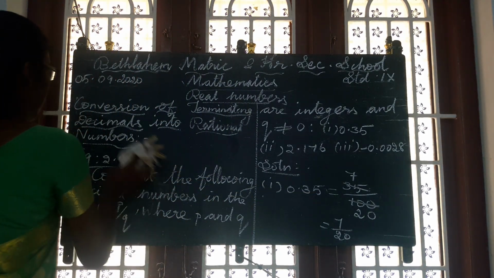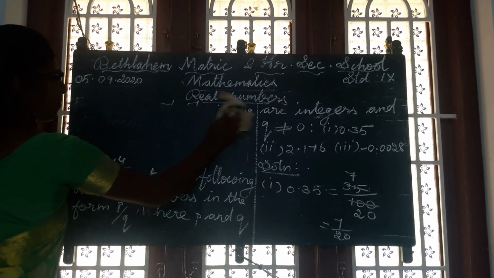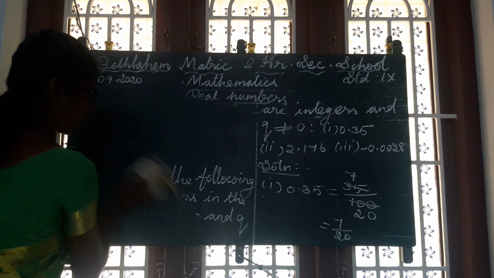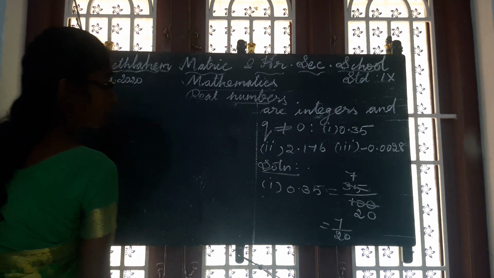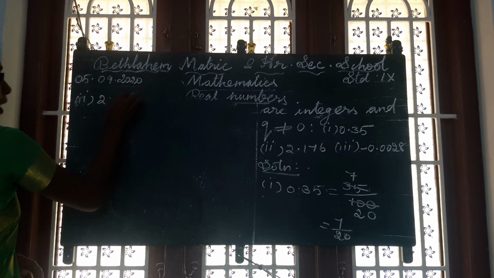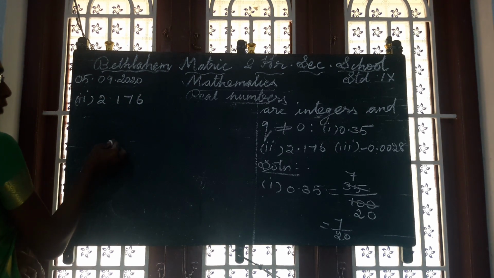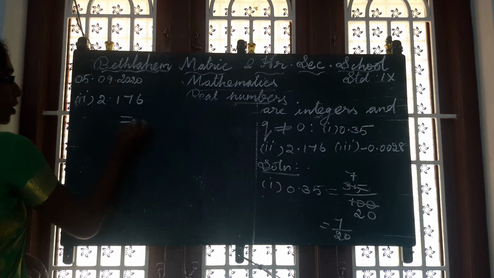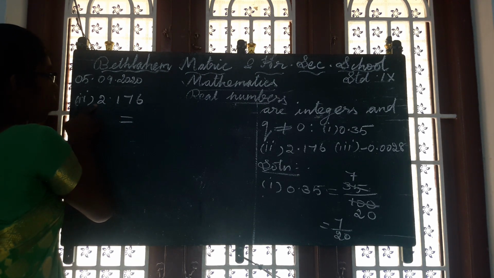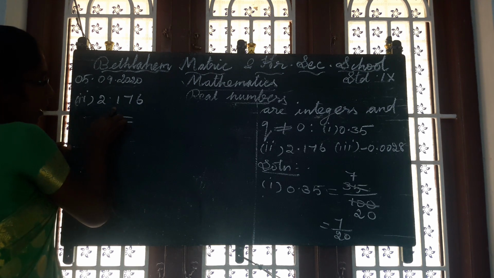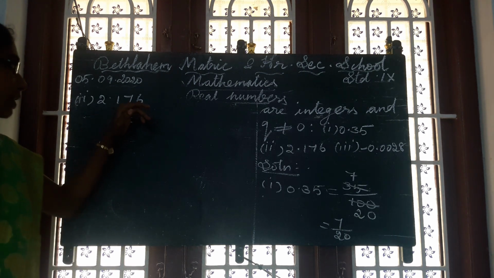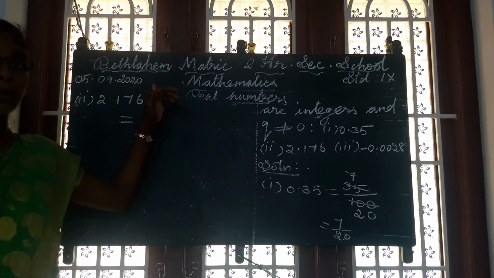Then the second problem, 2.176. Here read this: ones only there. Next, tenth, hundredth, thousandth.